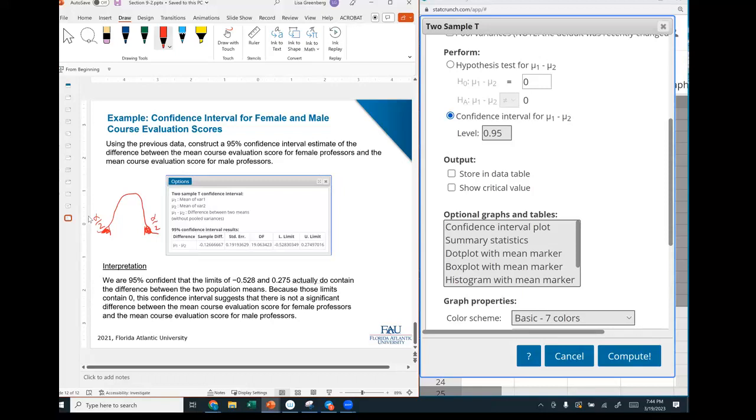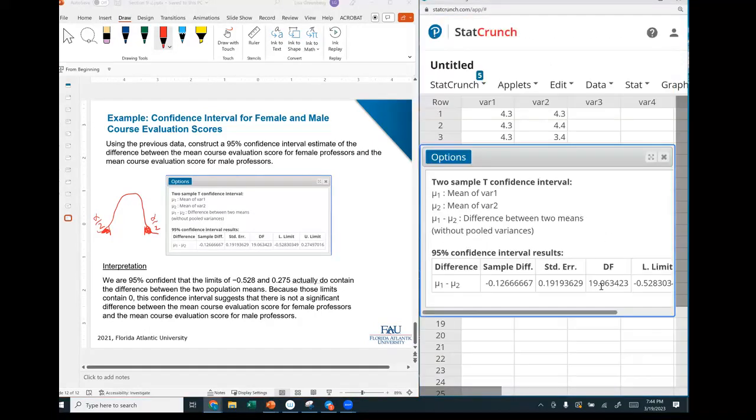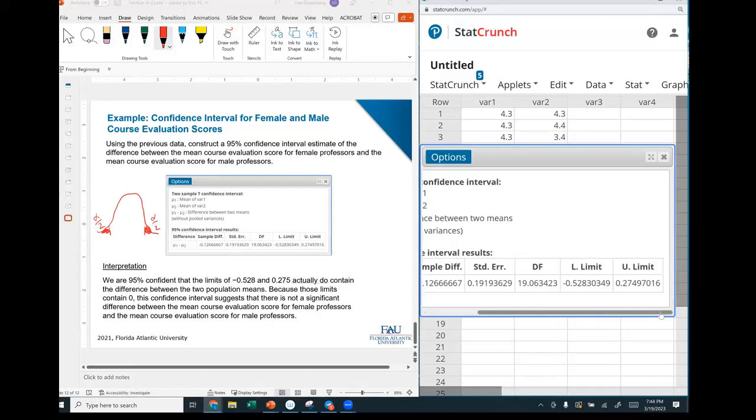But since what we have is two samples, basically we put in our full confidence level, which is 0.95, and we hit compute, and we get our lower limit and our upper limit. So we are 95% confident that the limits of negative 5.28 and 0.275 actually do contain the difference between the two population means.